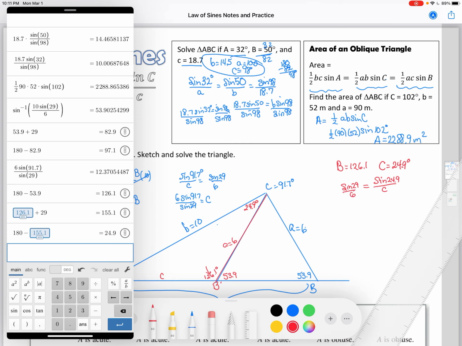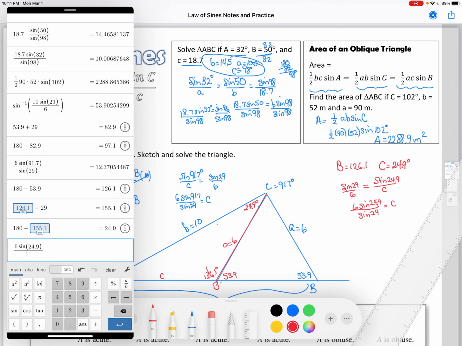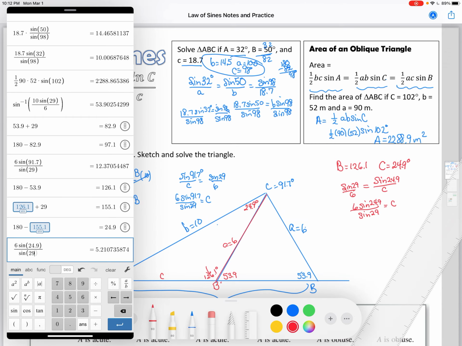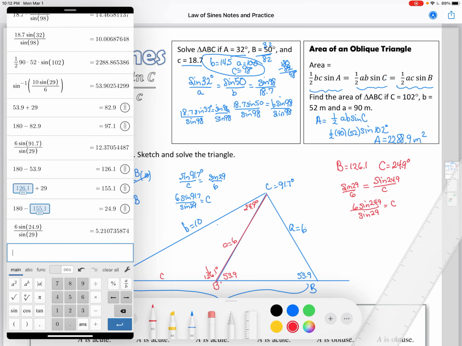To get C by itself, we will multiply 6 times the sine of 24.9 and divide that by the sine of 29, and that should give us side C. So we get 5.2.